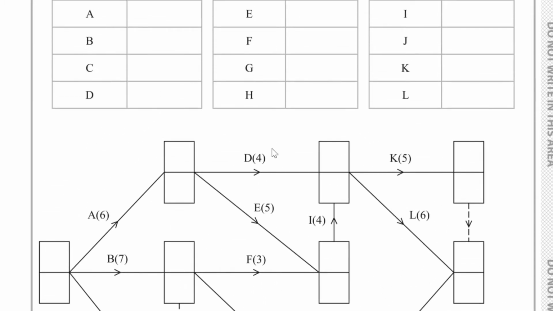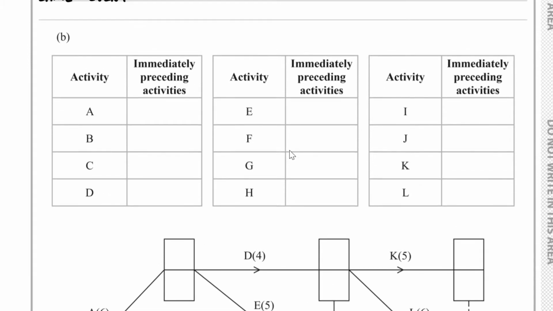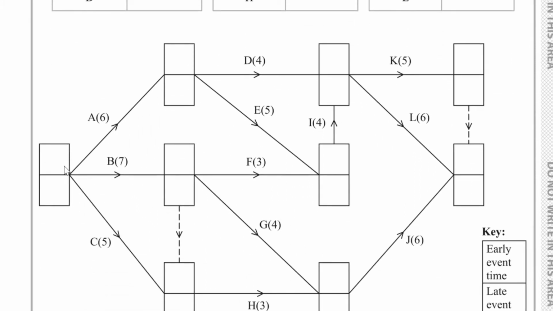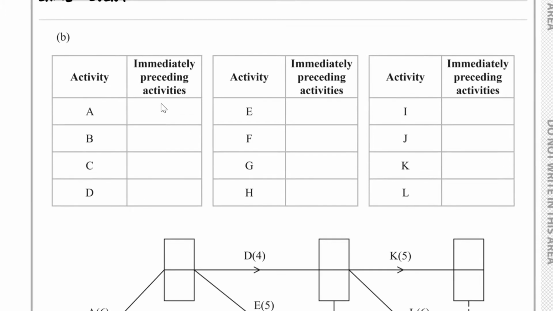This will just save us flicking between the pages. Now, if we take a look at activities A, B, and C, you can see those are connected to the source node, and therefore they depend on no other activities. We can indicate that using a dash. So we have a dash here, here, and here.